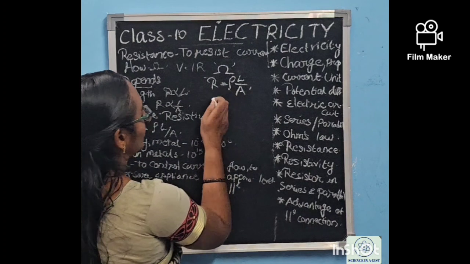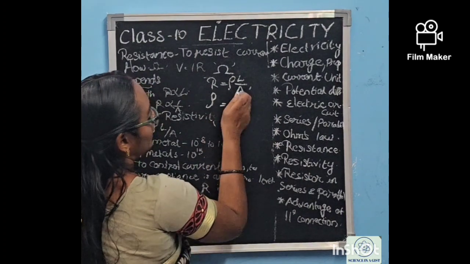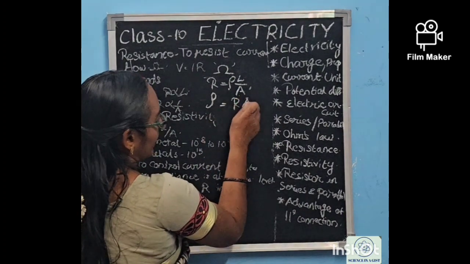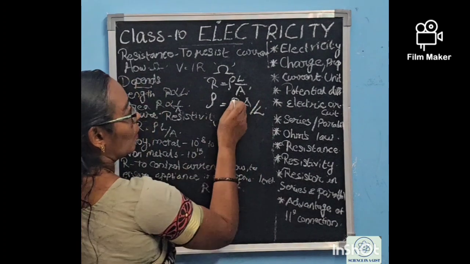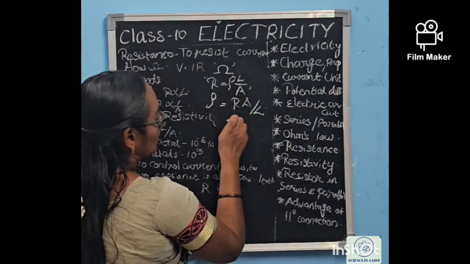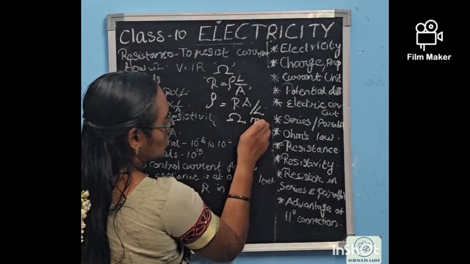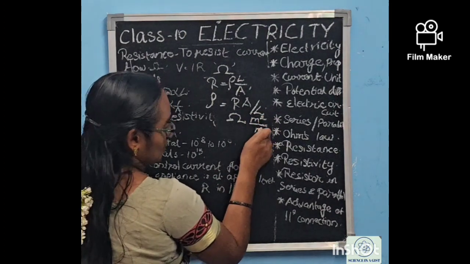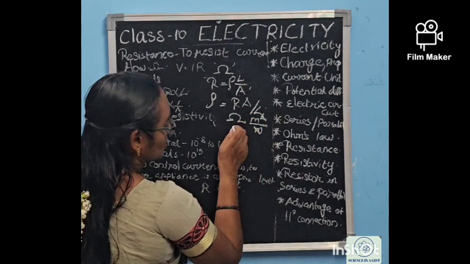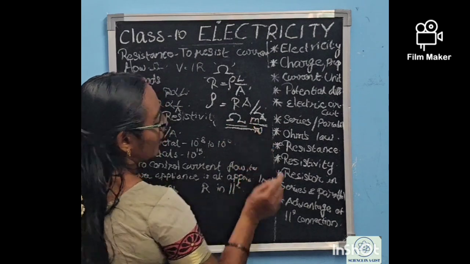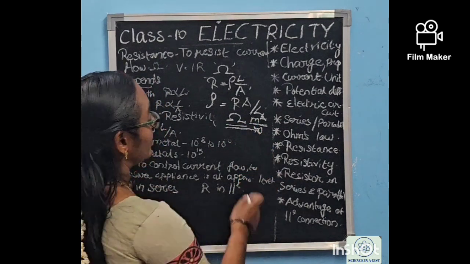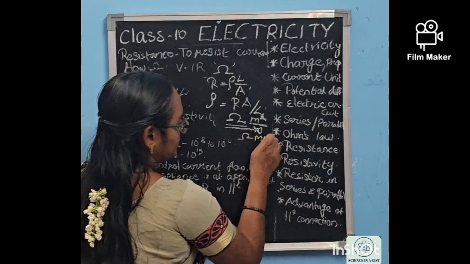Yes, we can. Rho is equal to R A by L. The SI unit of R is ohm, area is meter square, L is meter. So resistivity has the unit ohm meter. Okay, what is the resistivity unit? Ohm meter.